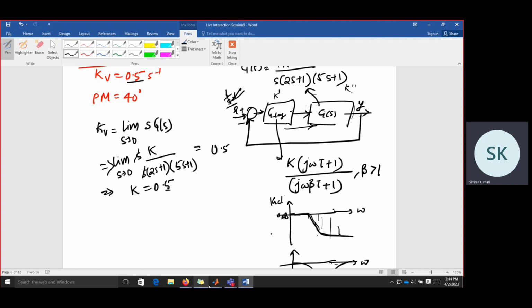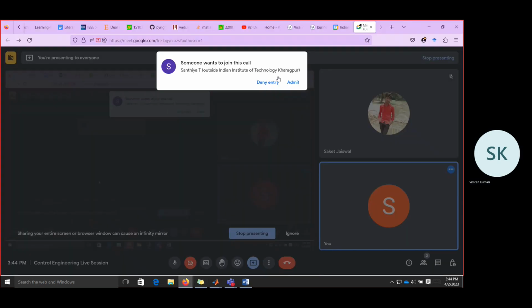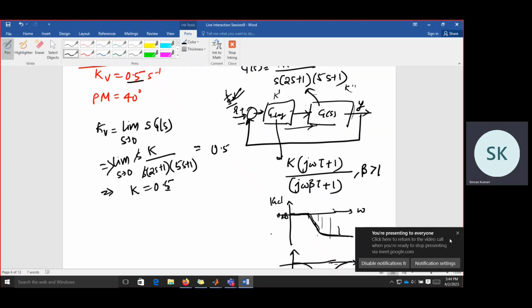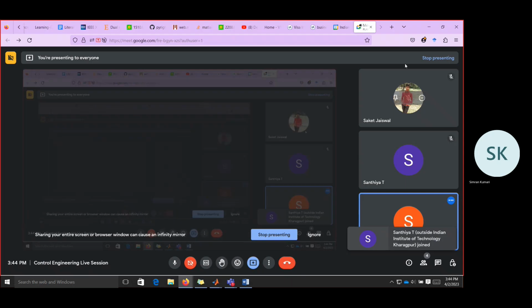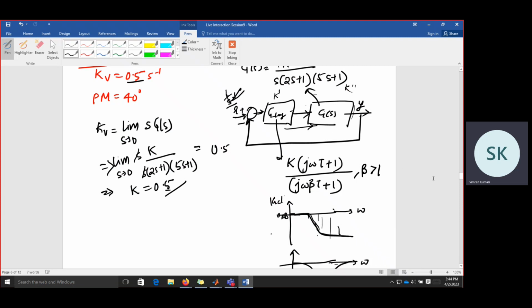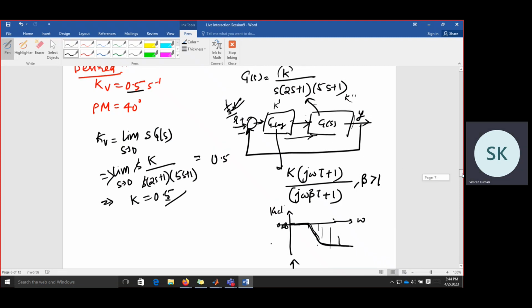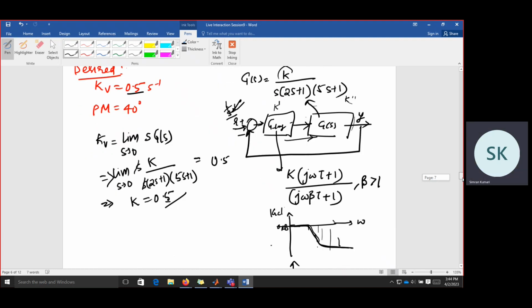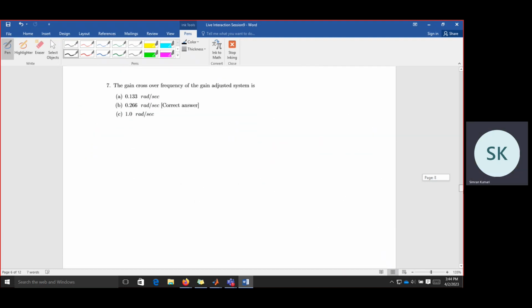Now for this gain, the steady state error specification is satisfied. Once the steady state error specification is satisfied, we'll move further and see the next part of this question.